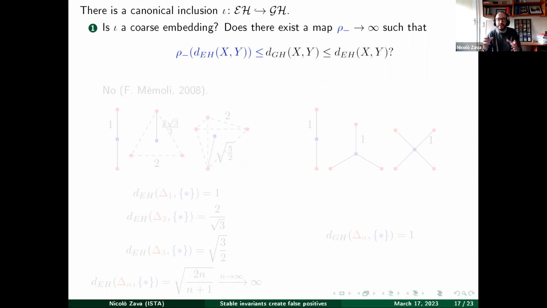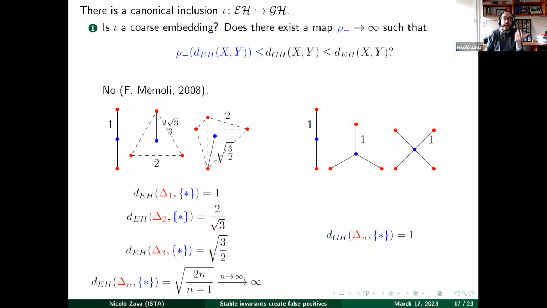It searches for embeddings only into a fixed metric space, whereas the Gromov-Hausdorff distance can achieve better results by sending the metric spaces into other mysterious metric spaces. So the real question is whether there exists a uniform lower bound to the Gromov-Hausdorff distance. And in general, the answer is no.